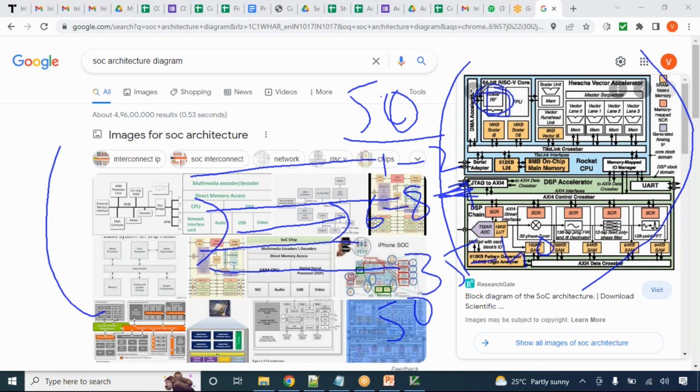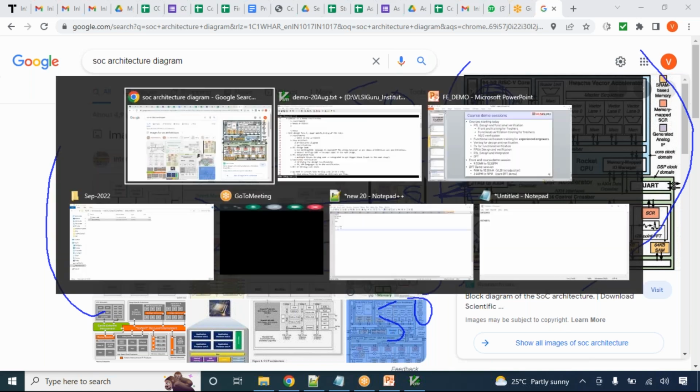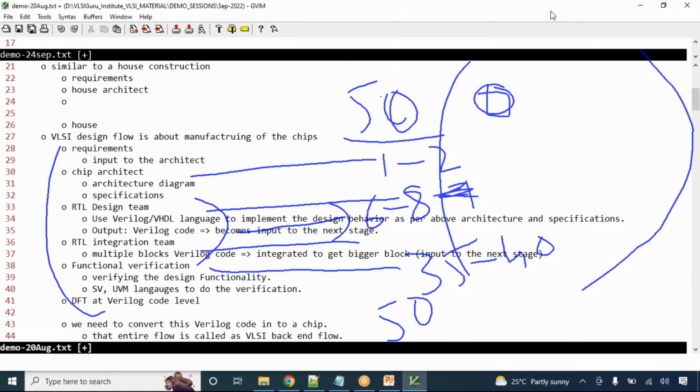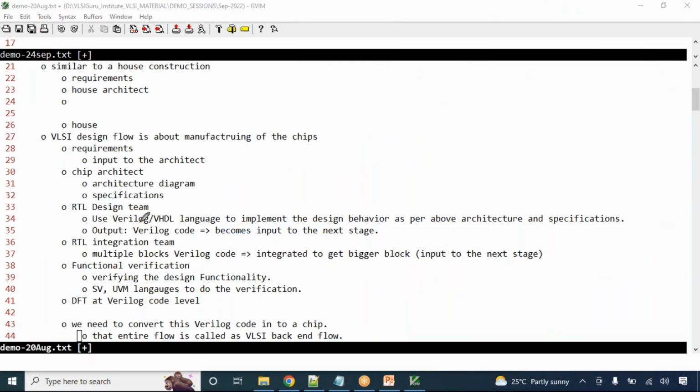It is called reuse, IP reuse. IP means intellectual property. Someone has developed it, so it's their intellectual property. We are reusing it, so we will pay them in return. Because of that, we don't need to do a lot of development. Do you agree with that? We don't need to do a lot of coding and a lot of activities. This can be managed with only 15 to 20% of the team.